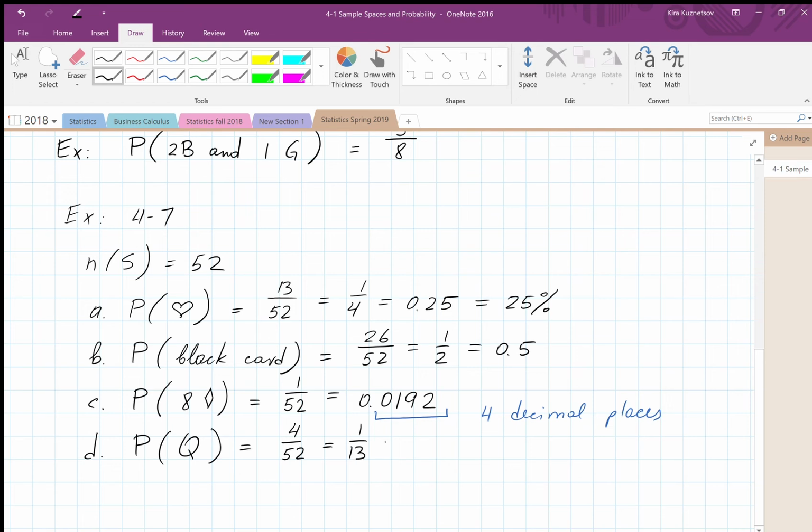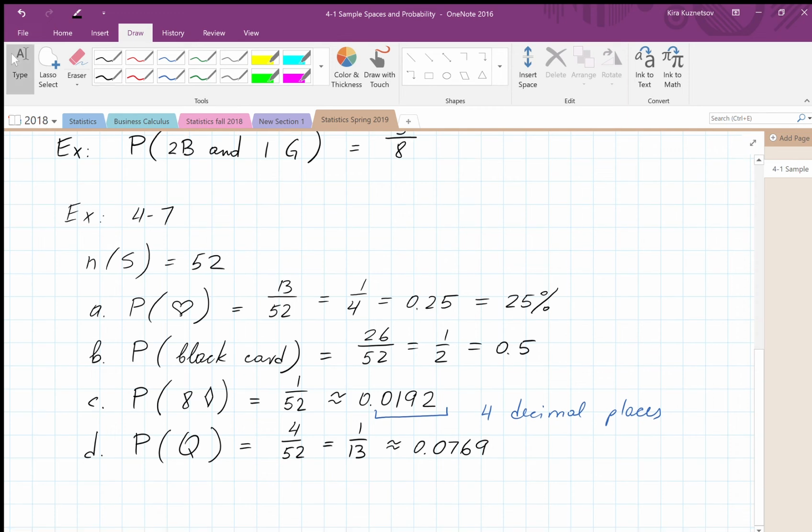Technically this should be an approximation sign, but 1 out of 13 simplifies into 0.0769. I have a 9 and then a 2. Therefore, this is a correct approximation.